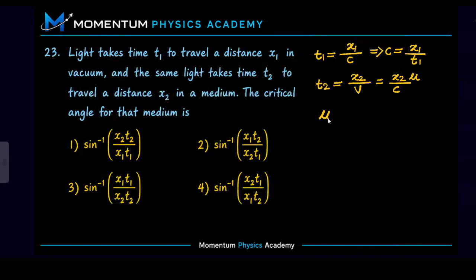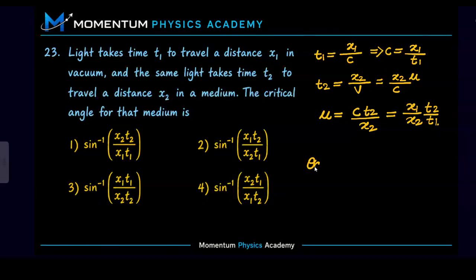From this we get mu is equal to c t2 by x2. We have the c value, so we can place it. So this is x1 by x2 into t2 by t1.